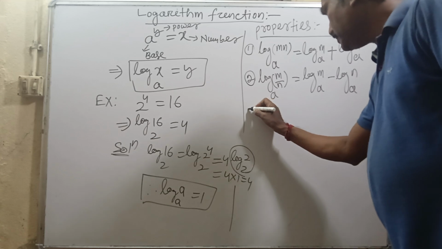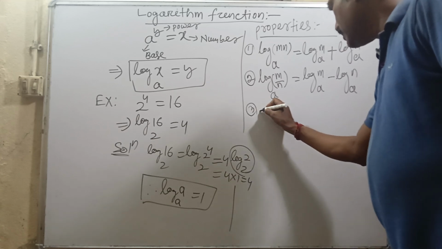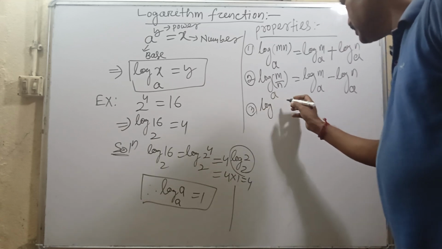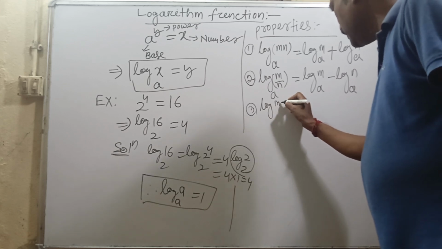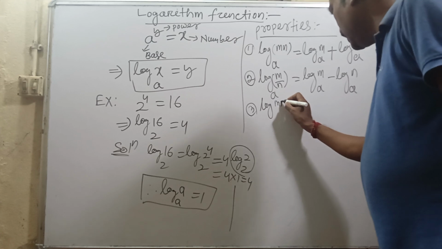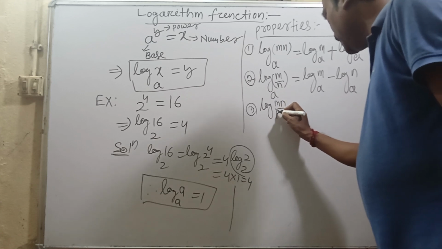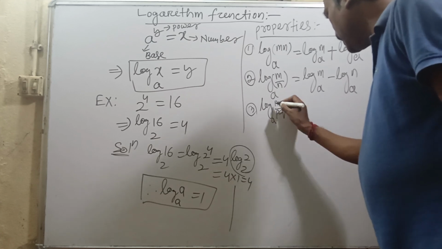Number 3: log of m into n divided by p q, base a.